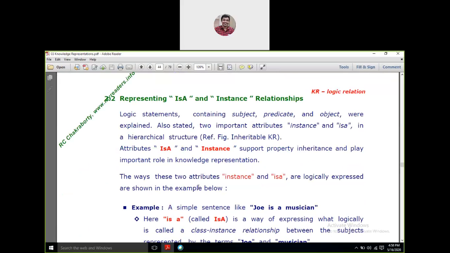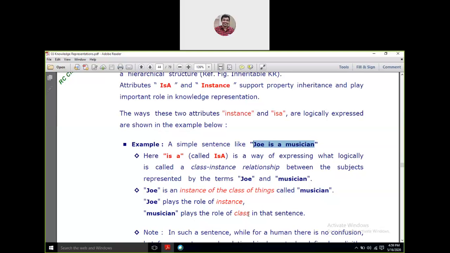Next comes the representation of the is-an-instance relationship, right? We already had a very long discussion on the is-an-instance relationship. In this case, they have simply said how things can be represented for a particular proposition.